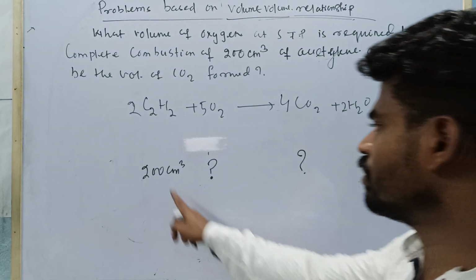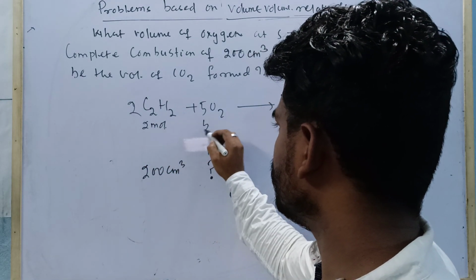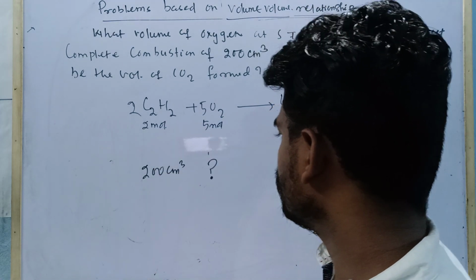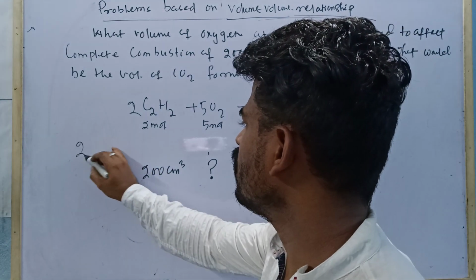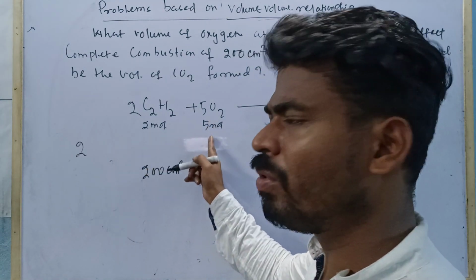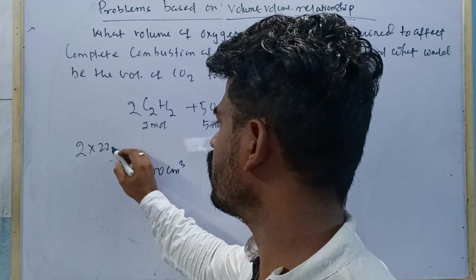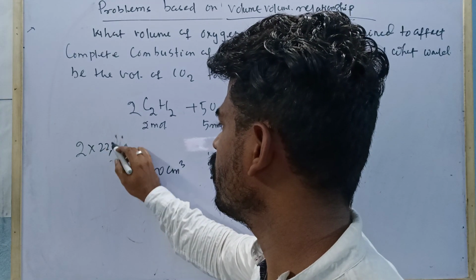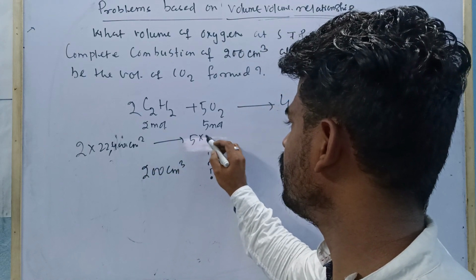Okay, so first you just compare this one, 2 mole, 5 mole. That means 2 volume, 5 volume, or you can say very easy, 2 into 22.4 liter, let's say 22400 centimeter cube correspond to 5 mole, means 5 into that much.